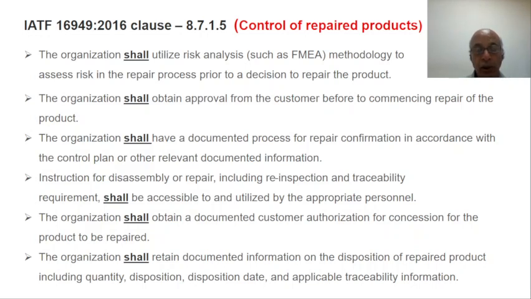The organization shall retain documented information on the disposition of the repaired product, including the quantity, disposition date and applicable traceability information. So this is the process defined by IATF 16949 to control repaired product.